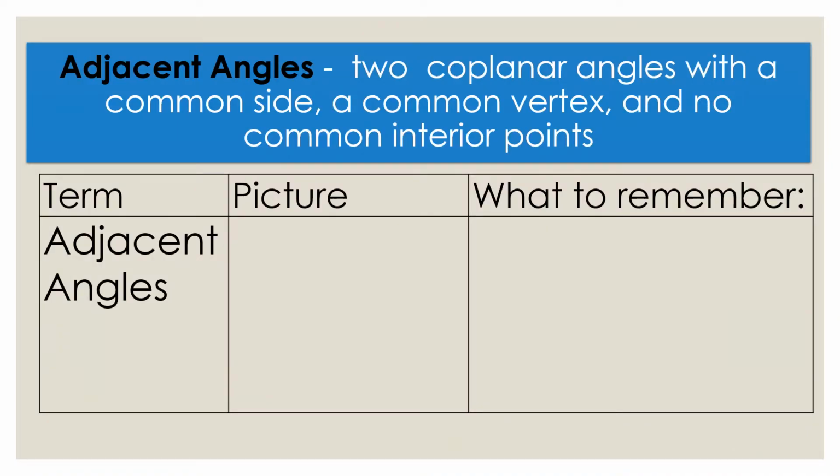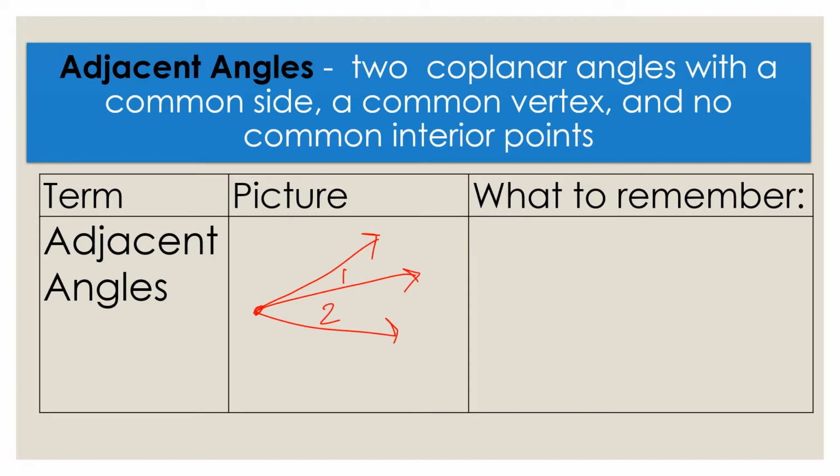Adjacent angles are two coplanar angles with a common side, a common vertex, and no common interior points. When we draw a picture of this, it looks like this. You're going to have one angle here, one angle here.